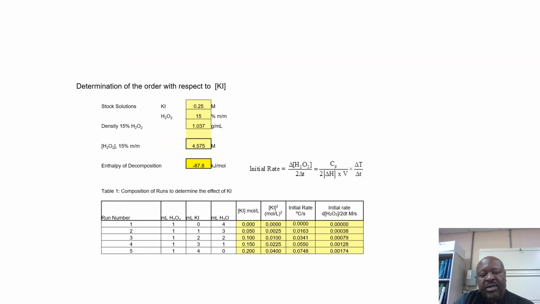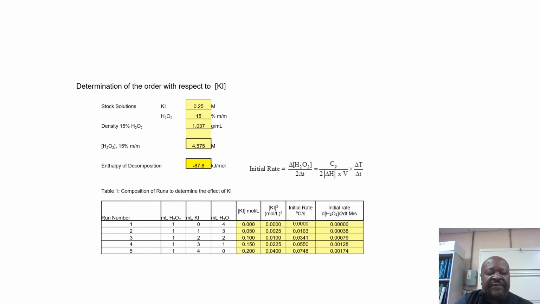All right, so let's think through the calculations here. Our stock solution for this part is 0.25 molar KI. Our hydrogen peroxide is 15%. Can determine the density of the hydrogen peroxide, and it's in my case 1.037 grams per milliliter.